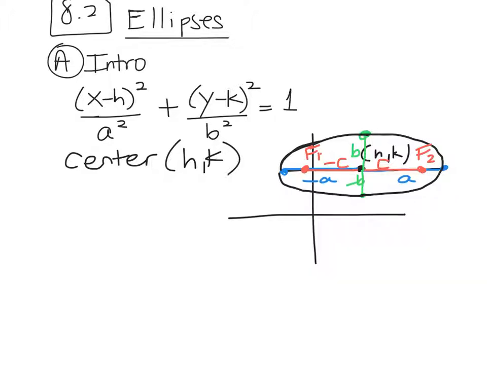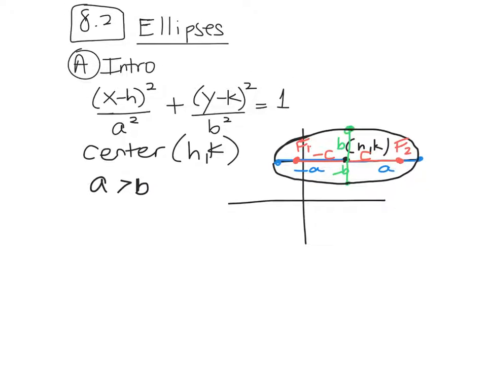Let's say that a is bigger than b. If a is less than b, then everything just gets flipped the other way. Okay, everything just kind of changes. All right, so we have something called the foci. The foci are those 2 nails in the board that I showed you.